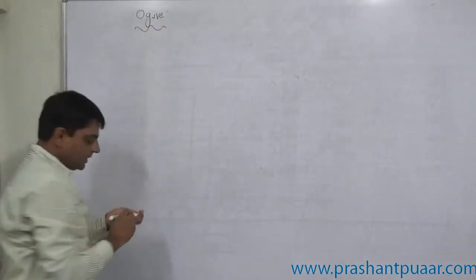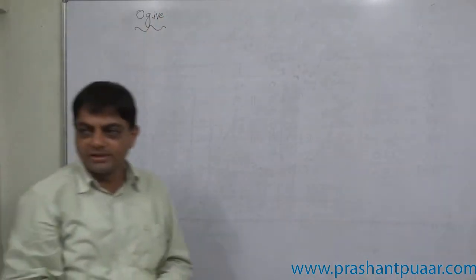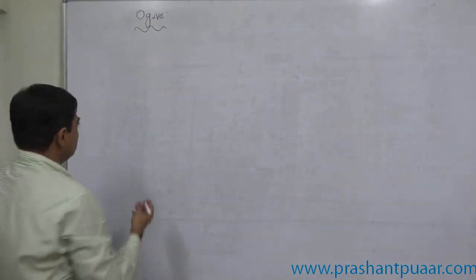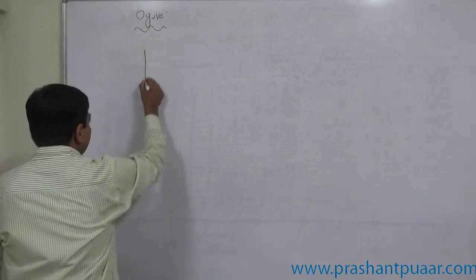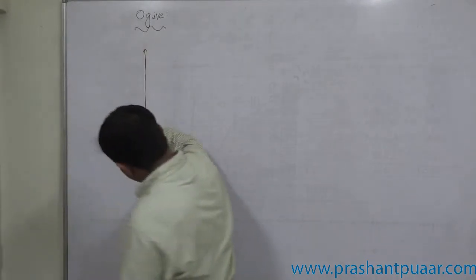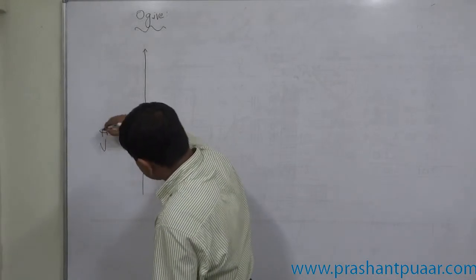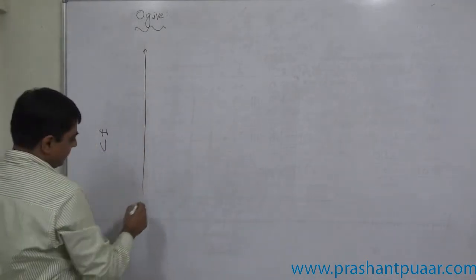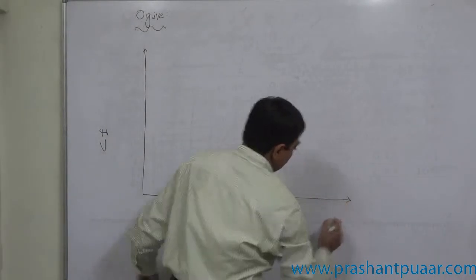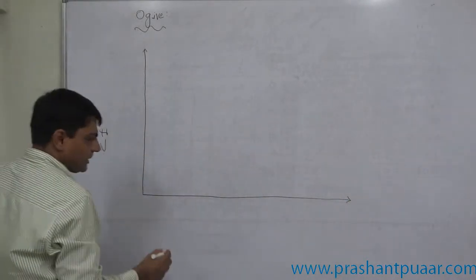Ogive means cumulative frequency curve, or more precisely less than cumulative frequency curve. On vertical axis we will write cumulative frequencies, or CF. On horizontal axis we will write upper limits, or you can say class.